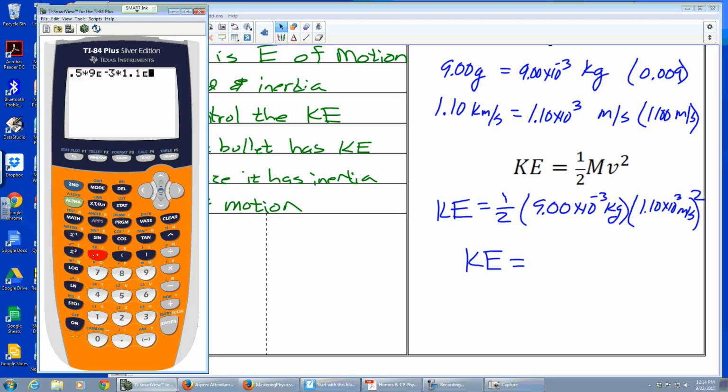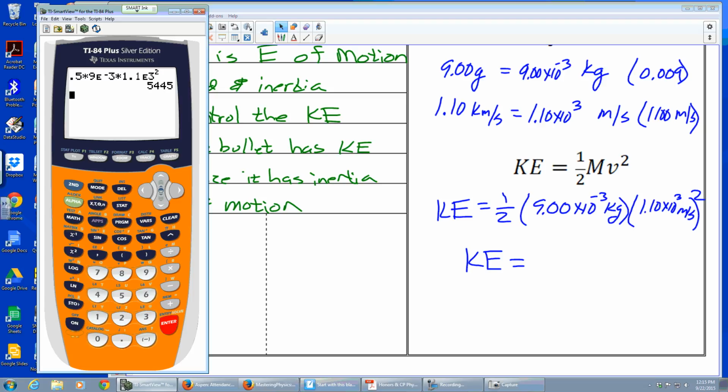Use my exponent key again, EE 3. You don't want to use times 10 to the caret 3, because that puts it into the calculator as two numbers. There it's in as a single number. And that whole number I need to square. If you didn't put it in as one number like I did, the squaring would only go with the 3. You'd need to put parentheses around it and then square that number.